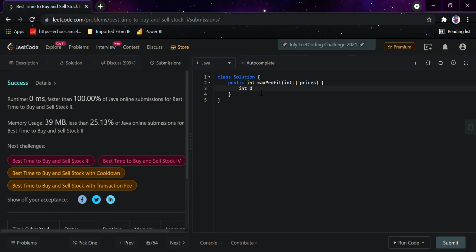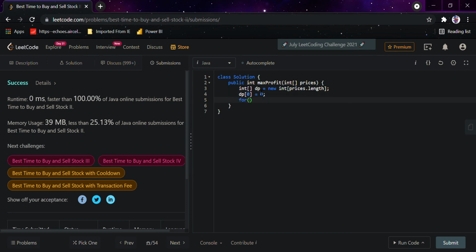So I would be coding int dp, that is the dynamic programming array, you can name it anything, of size prices.length. Yeah, so we have declared the array. Now let's set the first value, the initial value, as 0, so that we can get the max value from it.